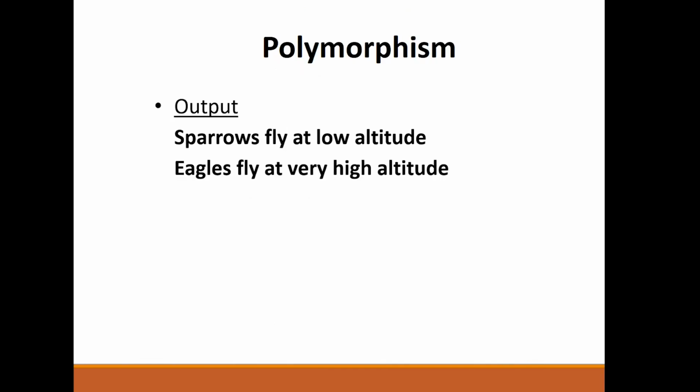So, as you can see, here's the output. Sparrow fly low altitude, Eagle fly very high altitude. So, we were able to alter kung ano man yung method na nandun kay parent class, depending sa pangangailangan or the need ng subclass natin.